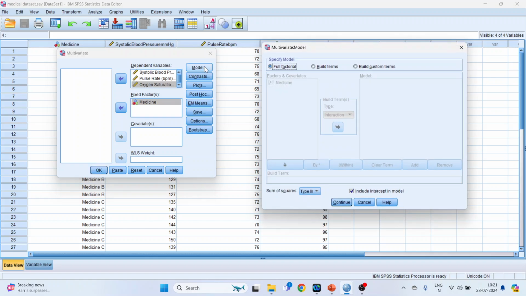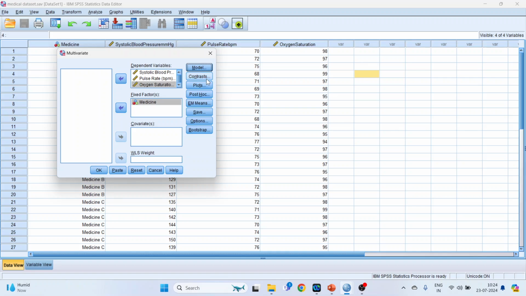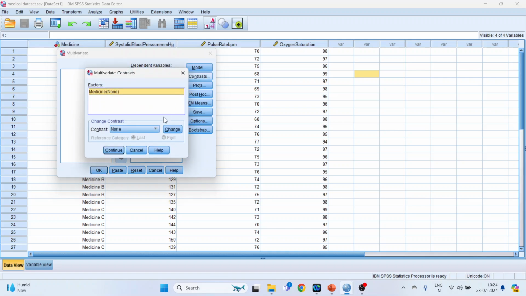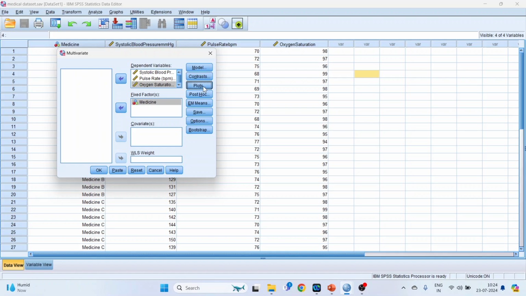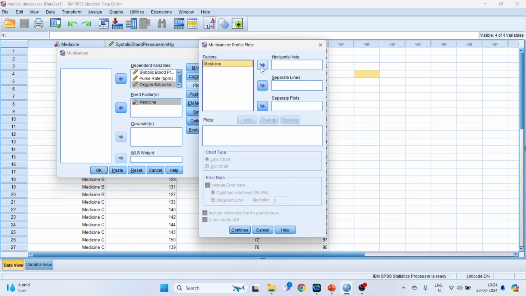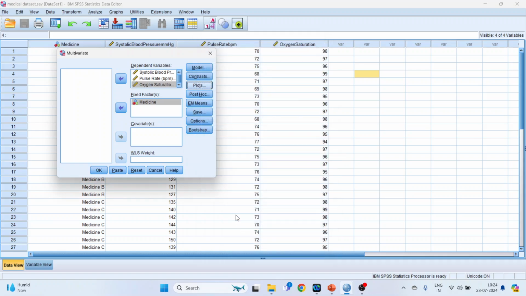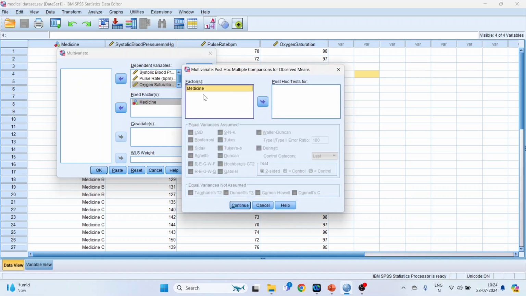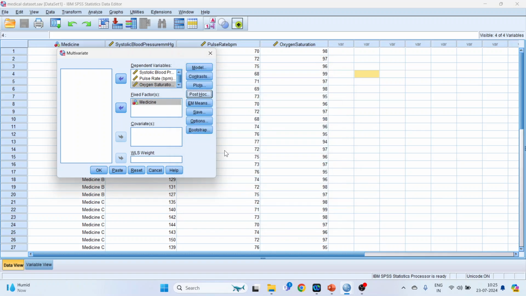Click on model, keep the things as it is, no change, continue. Contrast, no change, continue. Plots, transfer medicine into the horizontal axis, press add, continue. Post hoc, transfer medicine into the post hoc test, activate Tukey's test, continue.